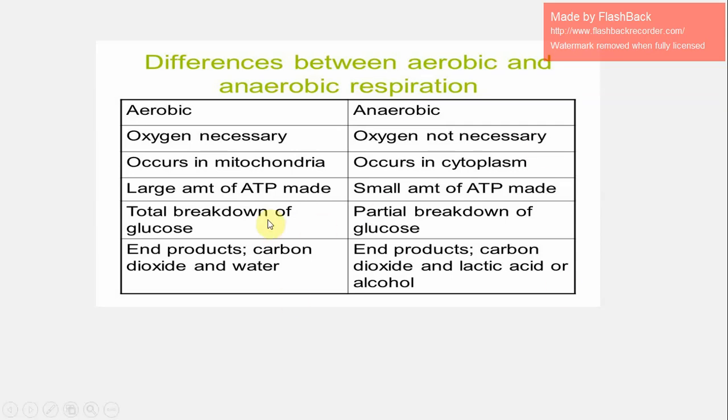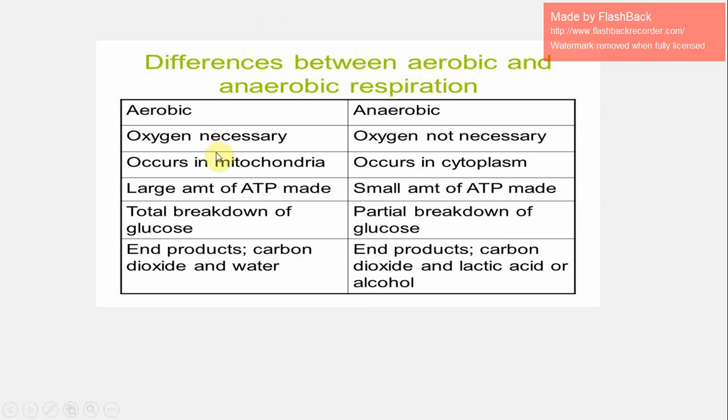So here let's talk about the differences between aerobic and anaerobic respiration. Since aerobic needs oxygen, it produces a large amount of energy, which is ATP. Anaerobic respiration doesn't need oxygen, so it produces a small amount of energy. We have fewer reactants, so we have fewer products.